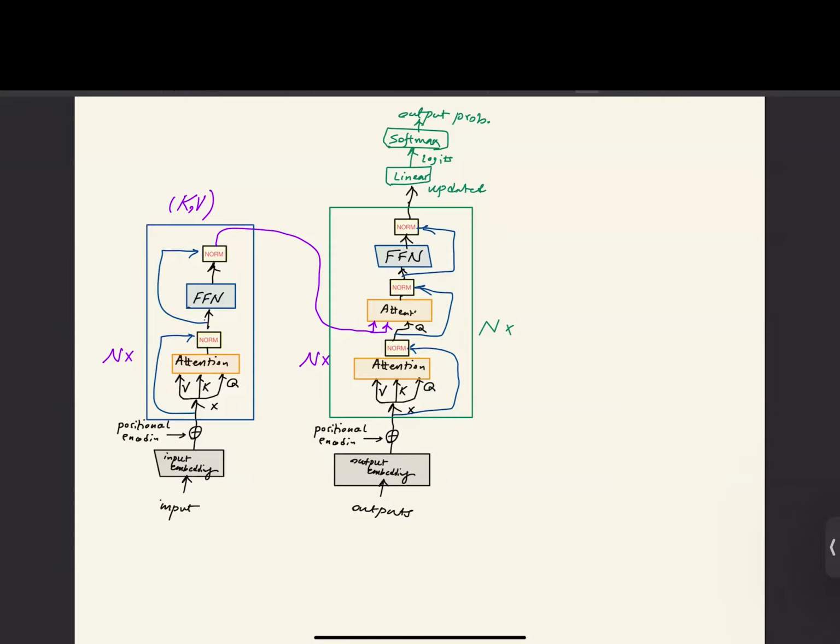Okay, so let's again review. We have this input embedding. We add the positional encoding. We have this encoder self-attention, in which each position attends to all positions in the input. And then we have the decoder, which has masked self-attention, meaning that each position attends only to previous positions. This is the causal masking that I mentioned.